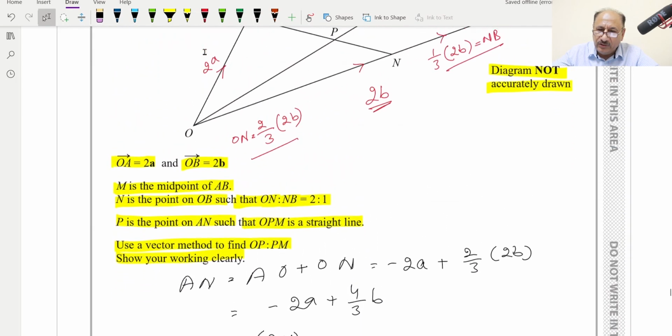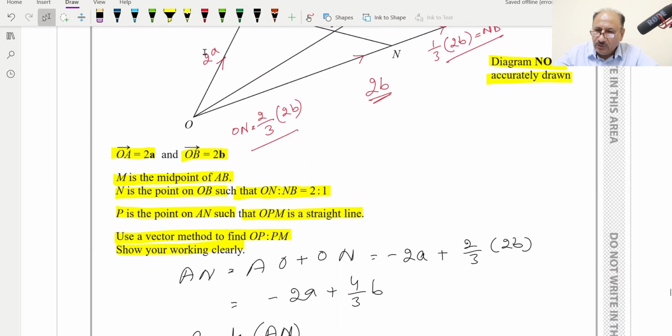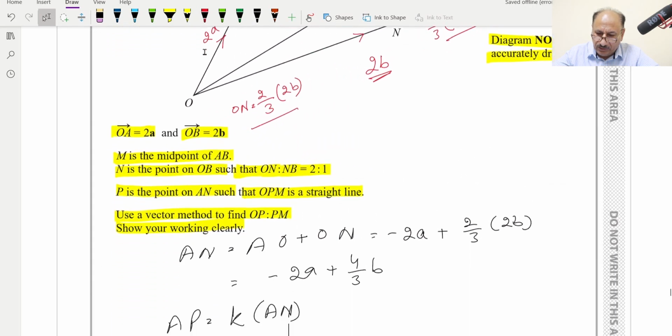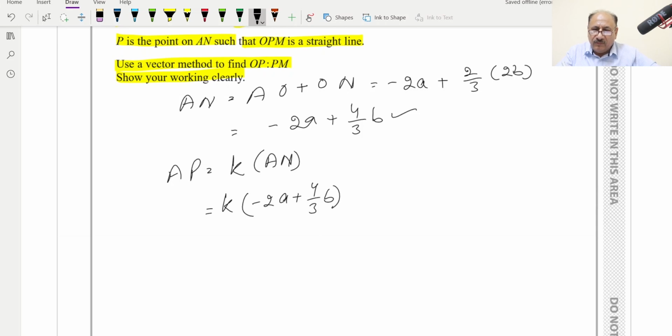We already have the AN value, and we can replace it in this one. So it will be K into minus 2A plus 4 by 3B.